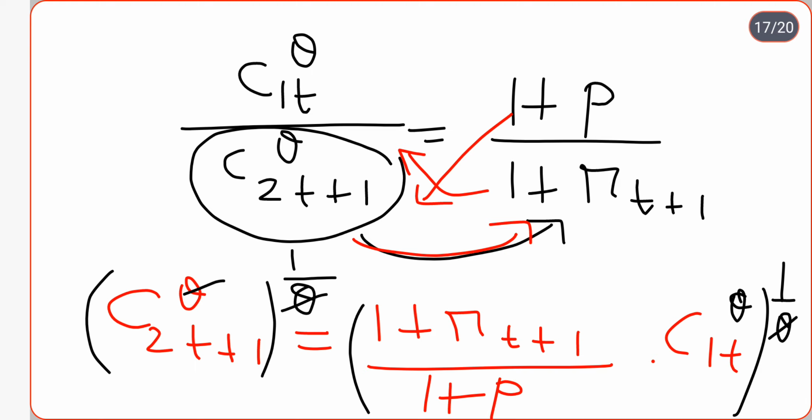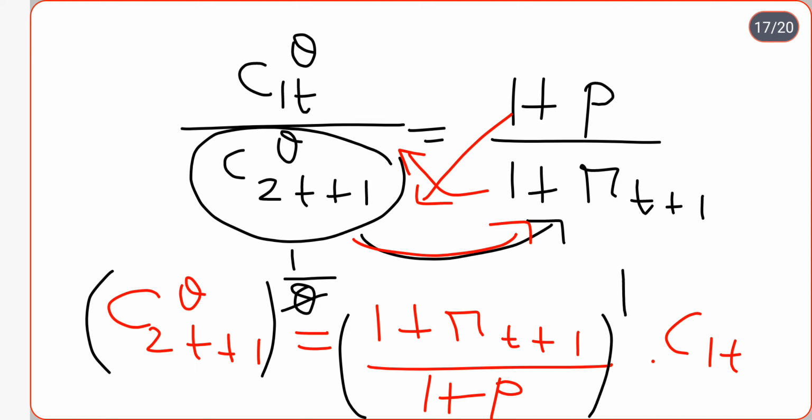So this theta and this theta will be opted out, it will be 1 by theta in this portion and 1 by theta, and it has theta as power, so it will be opted out. We will have the value of c2t plus 1 equals 1 plus rt plus 1 by 1 plus rho to the power 1 by theta.